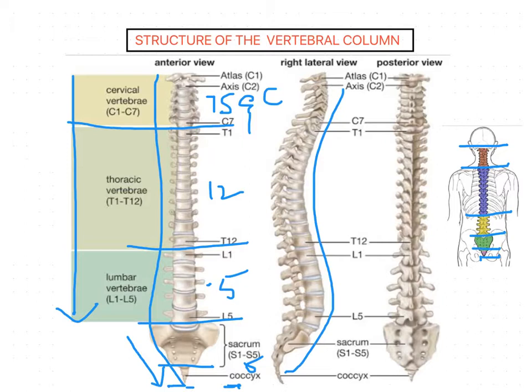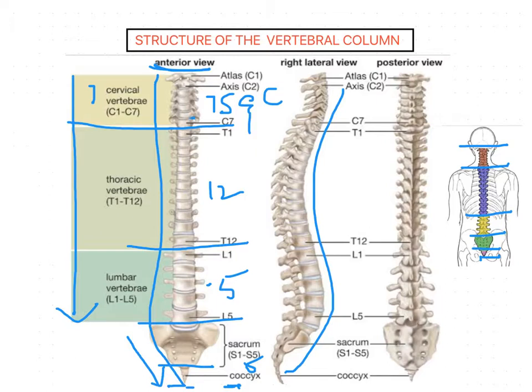For example, the cervical region consists of 7 cervical vertebrae. The main function of this cervical region is to hold the head and also help in the movements of the neck.